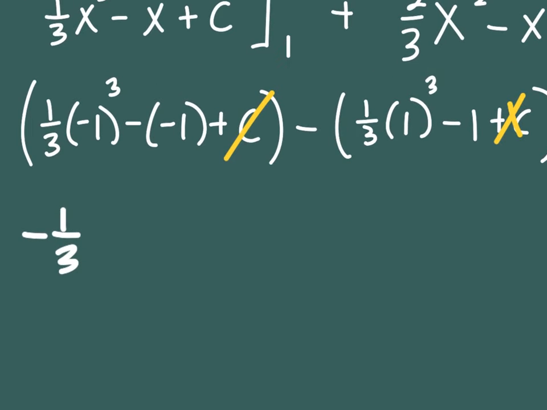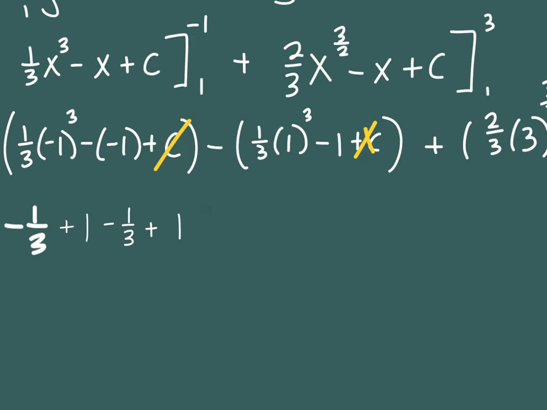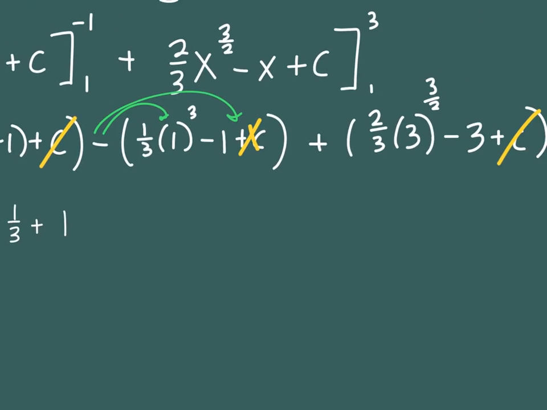Minus a -1 is +1. Then I'm going to have minus 1/3 again, and then a plus 1. So that's the first half where I've distributed my negative sign back.